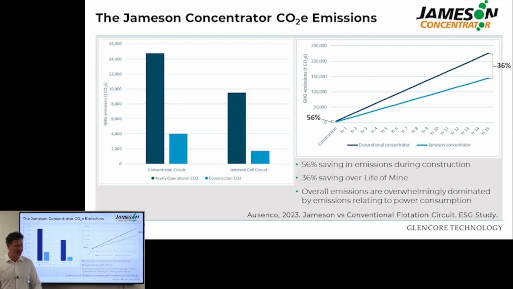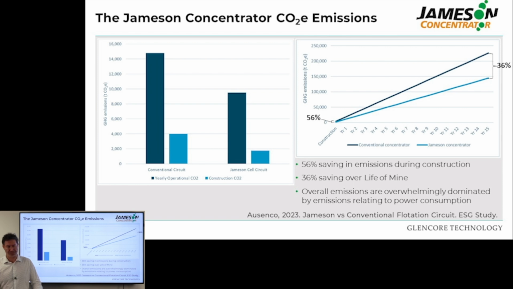And the last interesting conclusion was the carbon emission. You can see the yearly operational carbon footprint in dark blue, and the light blue is the construction footprint. In both, the Jameson concentrator was much more efficient: 56% savings in emissions during construction, and about 30% savings over the life of mine.